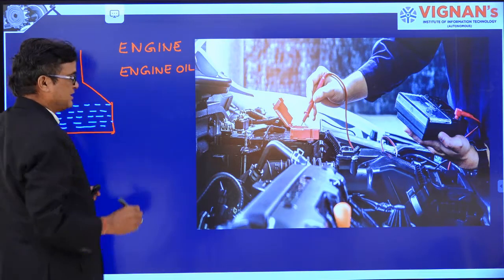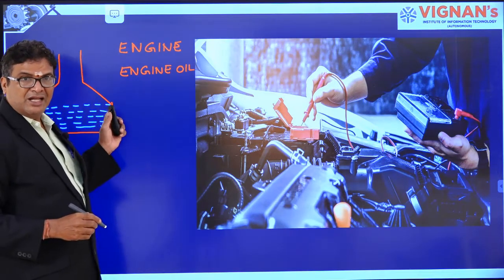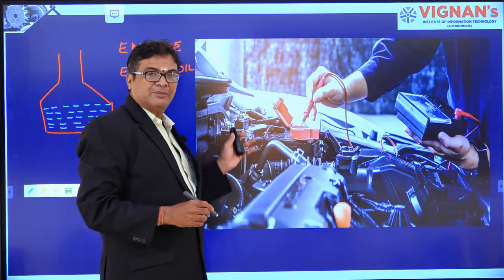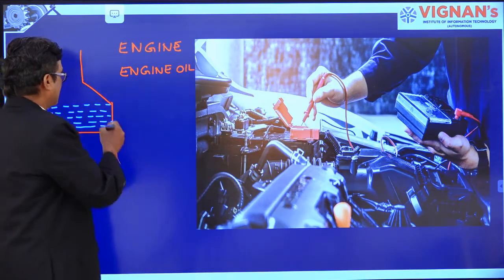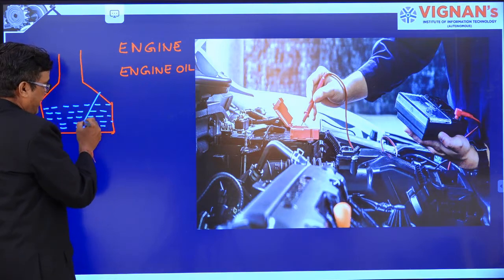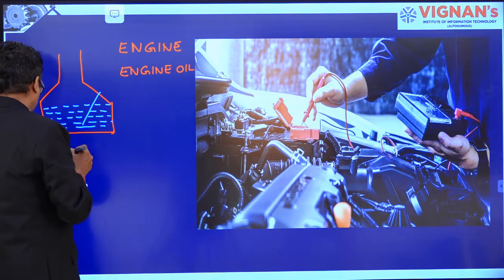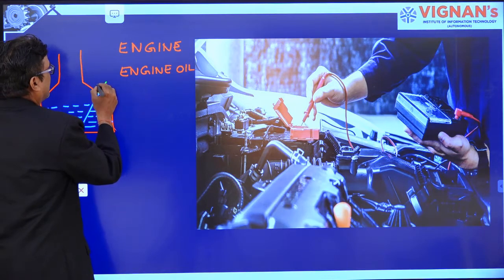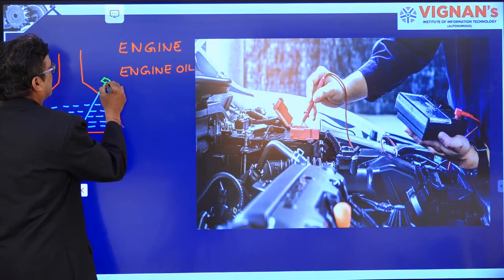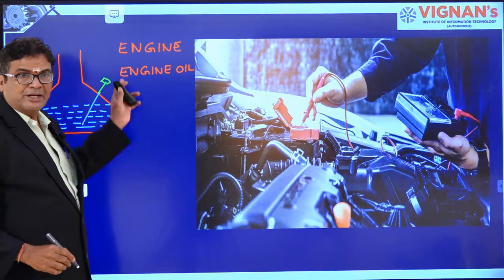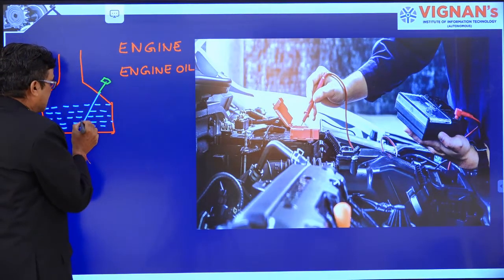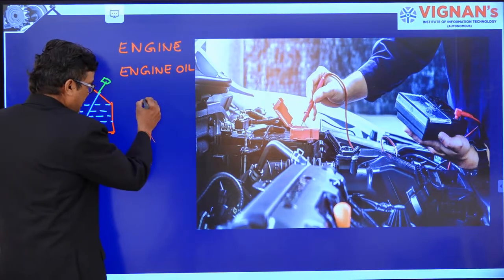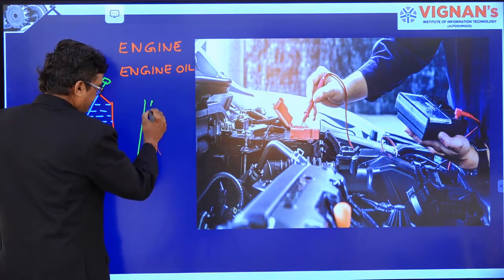Otherwise, if the level of the engine oil decreases, the supply to various parts will become difficult. That's why there is a dip rod inside the engine. This comes out, and it has a pointer here, and it has two markings. The dip rod looks like this.